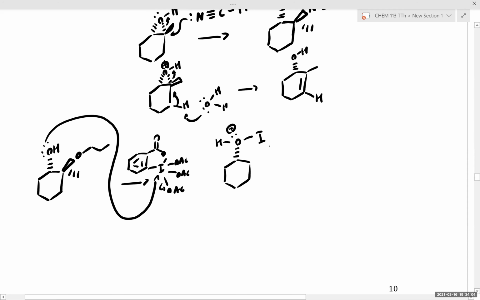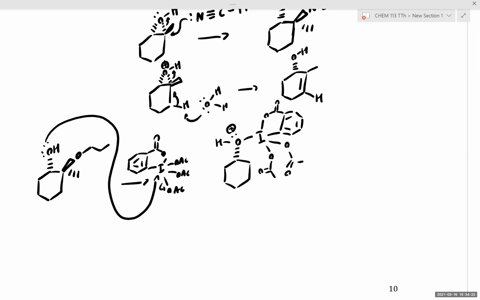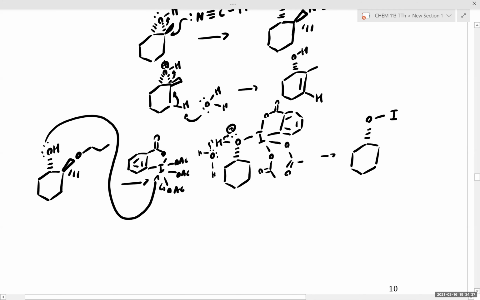Now, from here, what we're going to do is we're going to pull off a proton. That in turn generates the following intermediate.